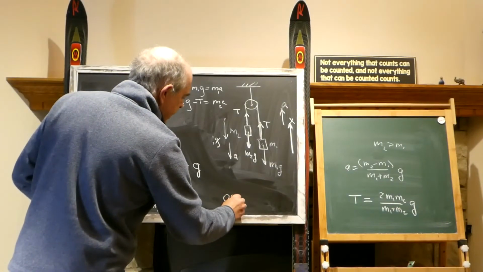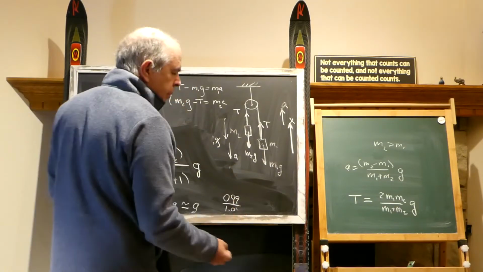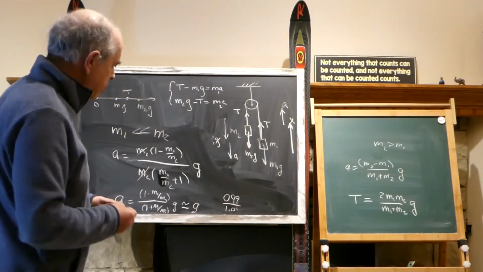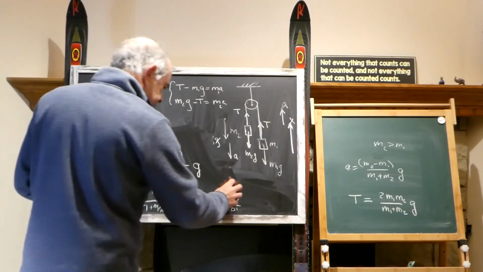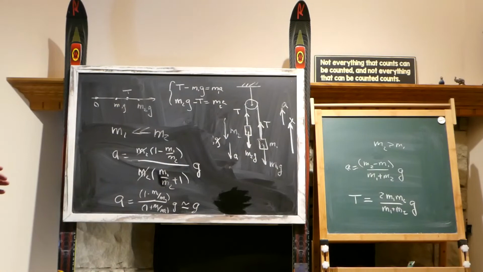I don't know, 0.99 divided by 1, well, it still will be very close to 1. So if this is the case, I again have the correct answer.